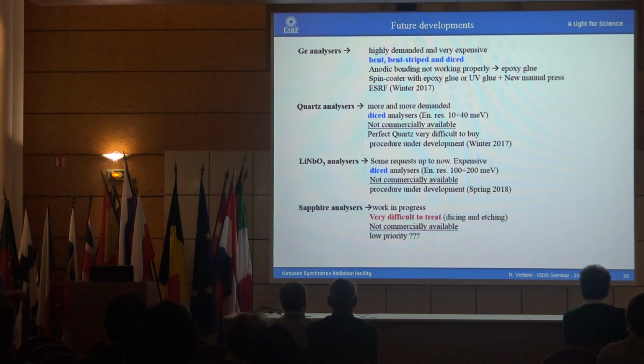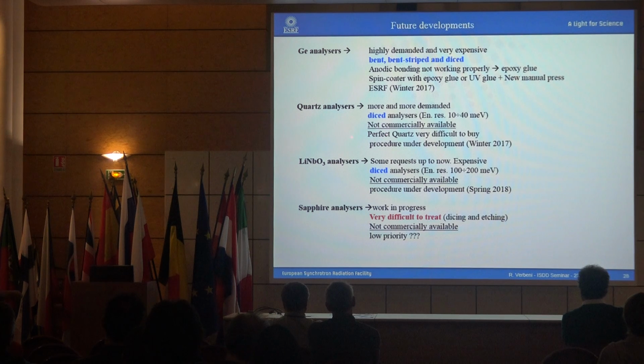Then we have another material, the quartz analyzer. Now the quartz is quite perfect. They grow the quartz in a very nice way. So these analyzers are more and more demanded. It is very expensive to buy quartz. The community asks for diced analyzers. With a diced analyzer, you can work in a region between 10 and 40 meV energy resolution. These are not commercially available, so you have to build them yourself.